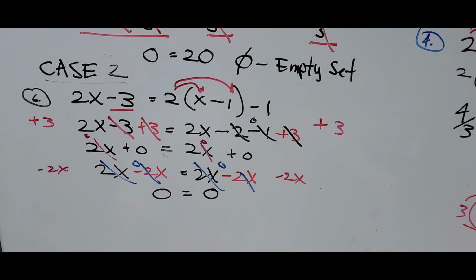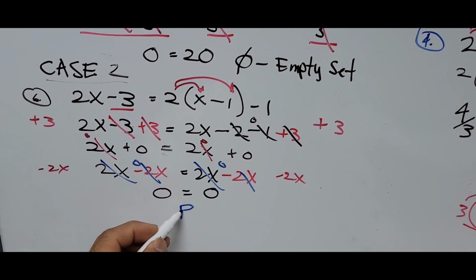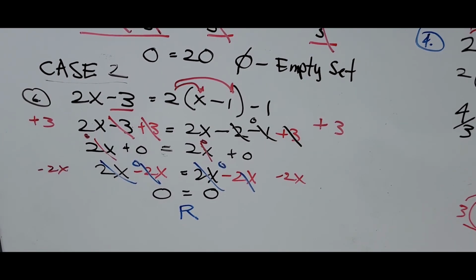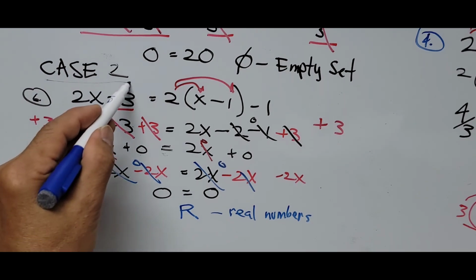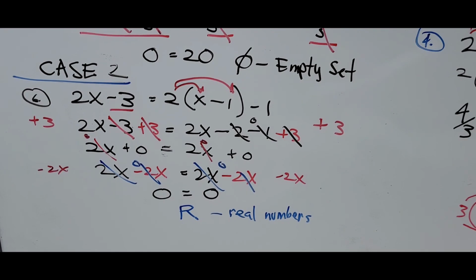So we notate this kind of answer as R, for real numbers. Since any number can be the solution, we put the letter R. It stands for real numbers. That's the solution to case 2, equations without variables in the answer.